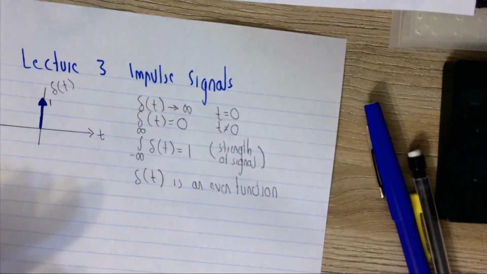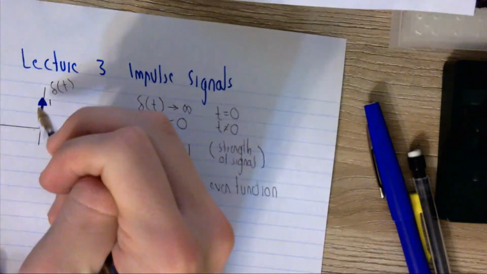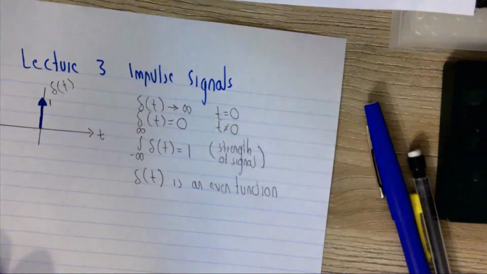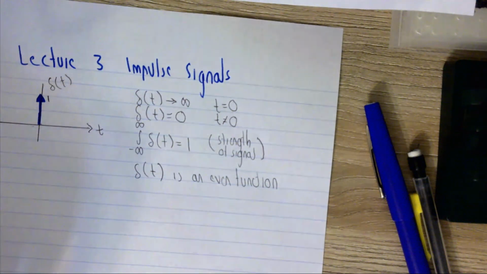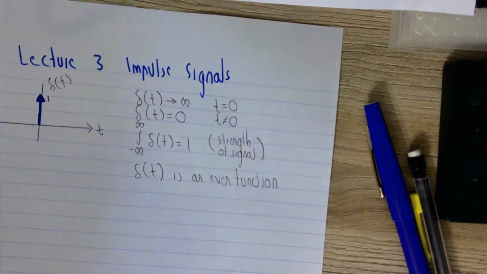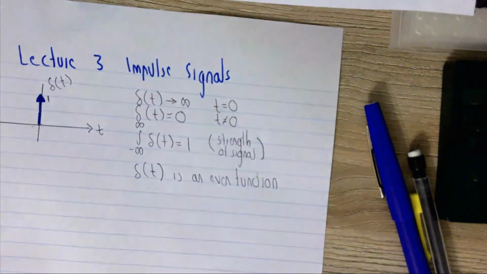Those are the big things to take away from an impulse signal. It's literally just an impulse that goes up to infinity. Where we see this is in circuits when we flip a switch or something. There's an instantaneous change in the current being supplied to the circuit, or the voltage now present in the circuit. That's where you'd see the effects with a capacitor and inductor.